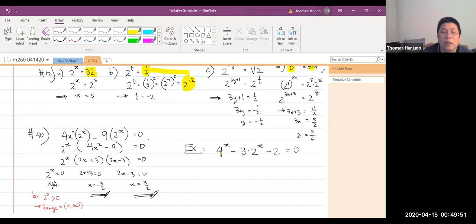Notice that this is actually a quadratic-like equation. Notice that 4 to the x is 2 squared to the x, which is 2 to the x being squared.